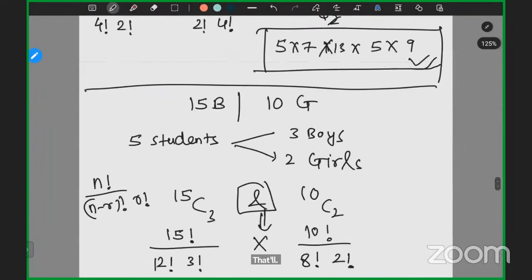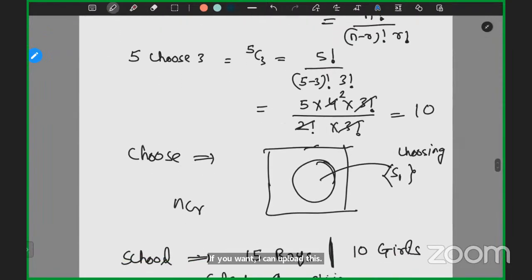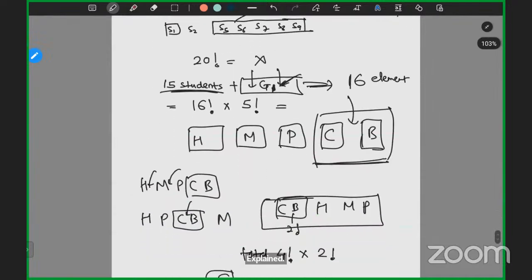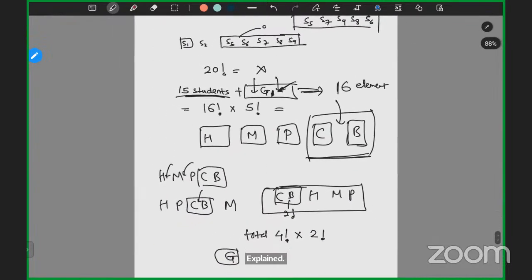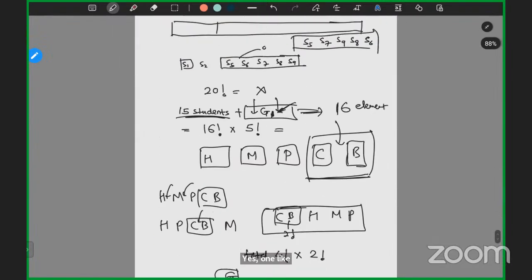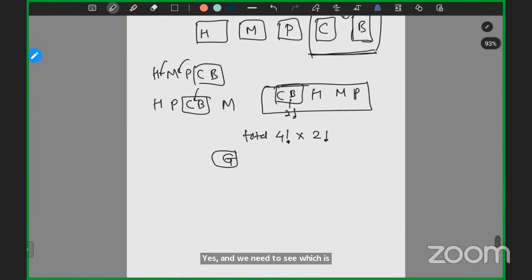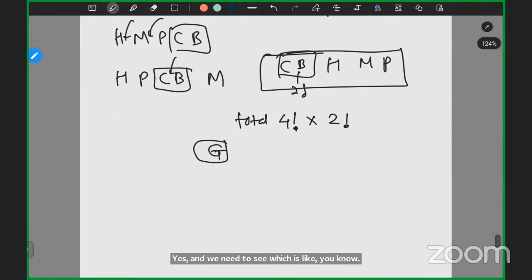Hello? Sir, I have a doubt in this question, the one which you explained. Which one, the student one or the book one? Yes, sir, the student one. Sir, first we need to see the total number of students, and then we need to see which fit together, and then sir, add all of those students.